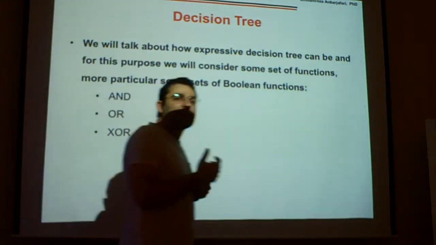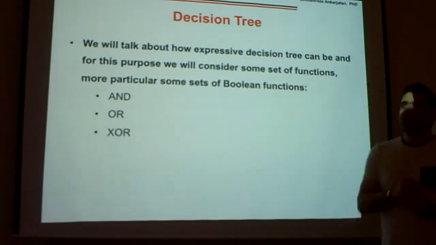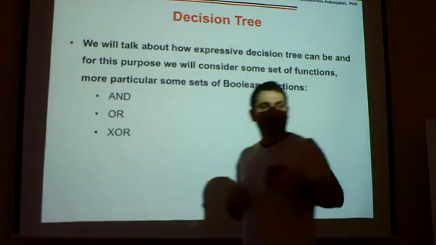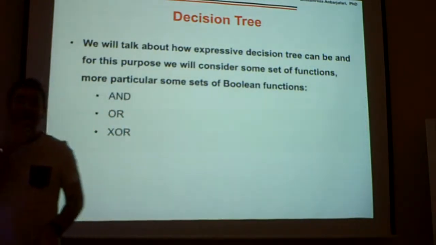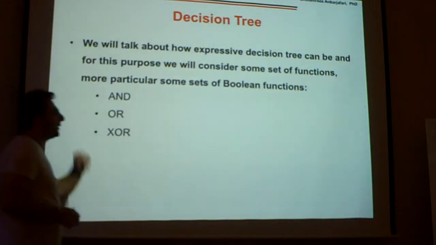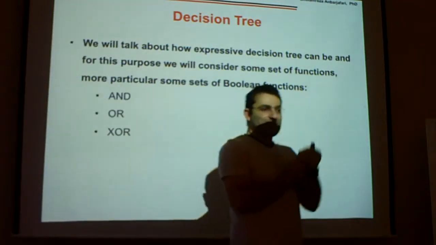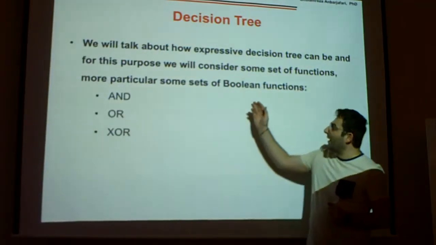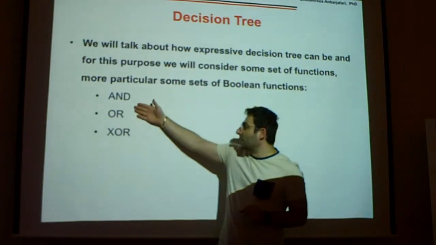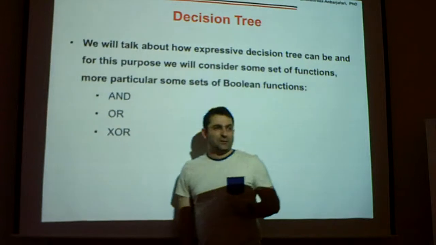Now that we have gained something, we will continue by talking about how expressive the decision tree is. So we are starting to go a little bit into the algorithm now. And in order to do that, we are talking about some specific examples, some Boolean functions: AND, OR, and XOR.